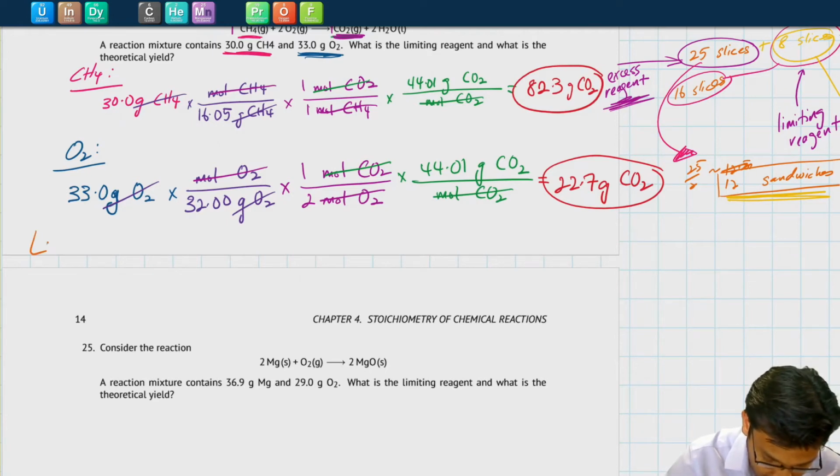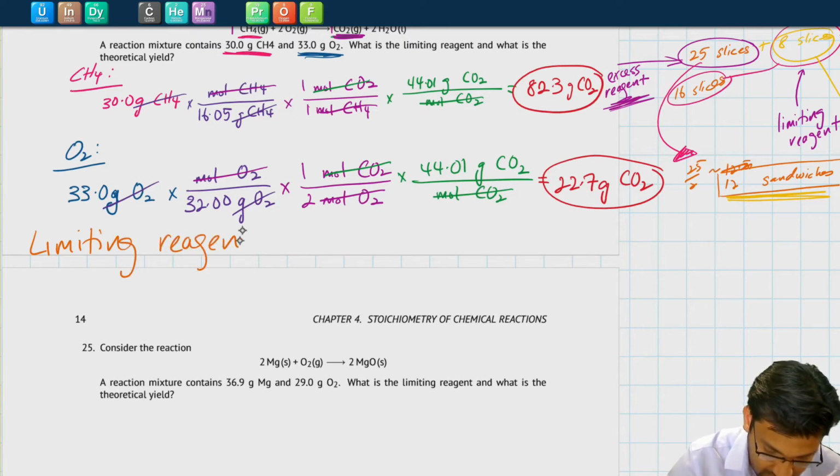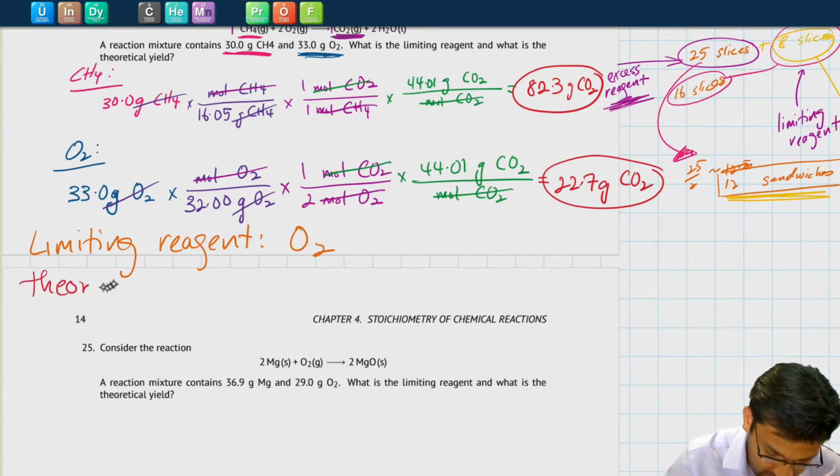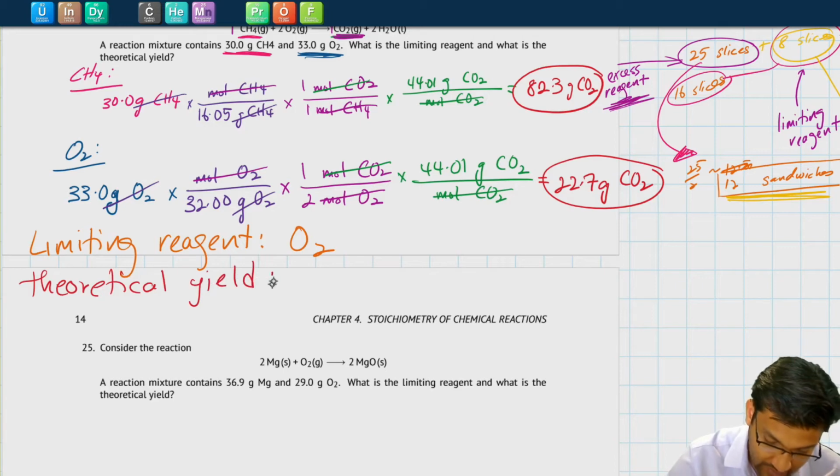The limiting reagent, the one that gets used up first, is going to be oxygen. The theoretical yield is the amount of carbon dioxide that the oxygen will form when it gets used up, which is 22.7 grams.